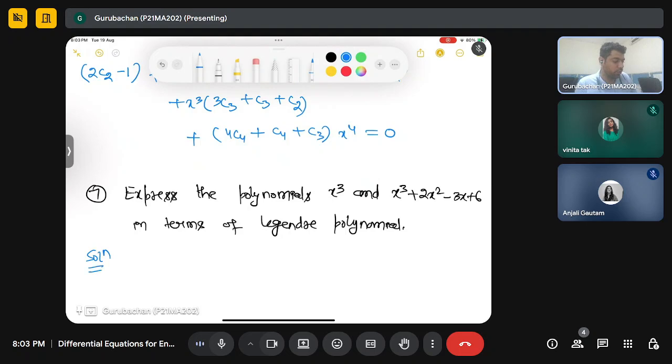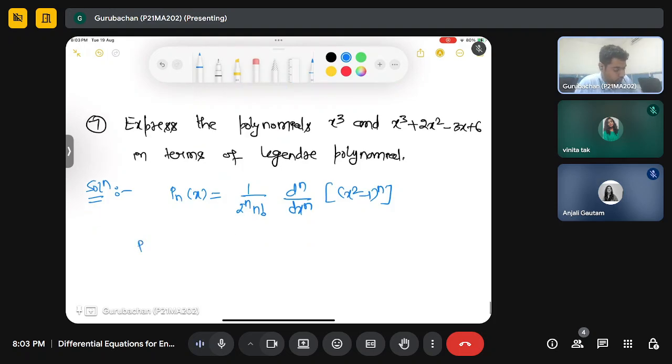the general Rodrigues formula is P_n(x) equals 1 by 2 to the power n into n factorial times the nth derivative of (x square minus 1) to the power n.